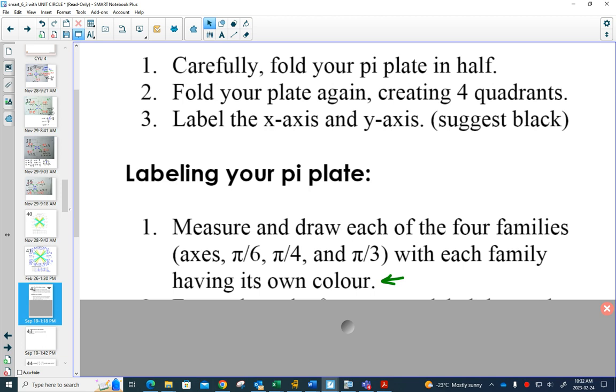So you have some creativity, some artistic choices. This person decided to do all black because of what they were drawing. But a suggestion is having each family have their own color.